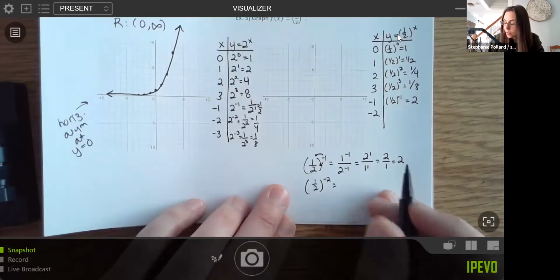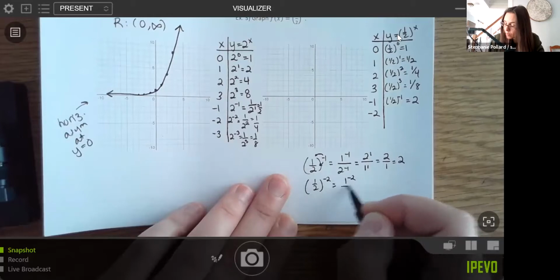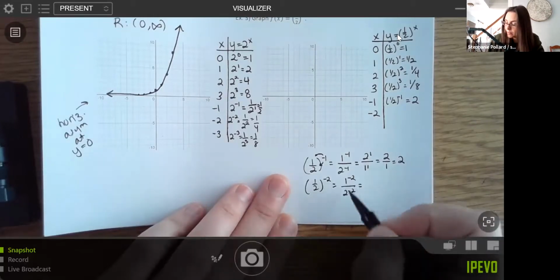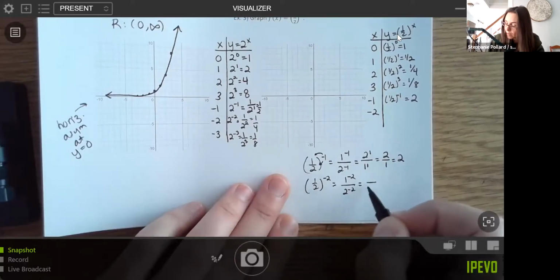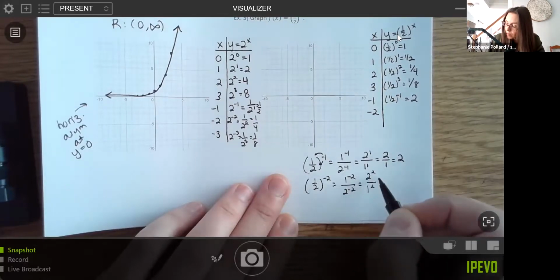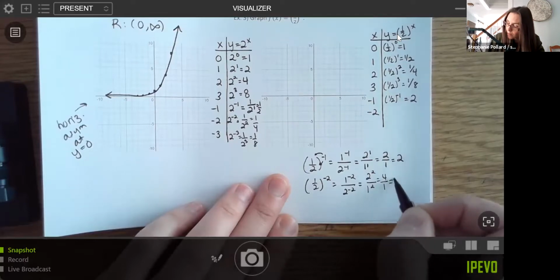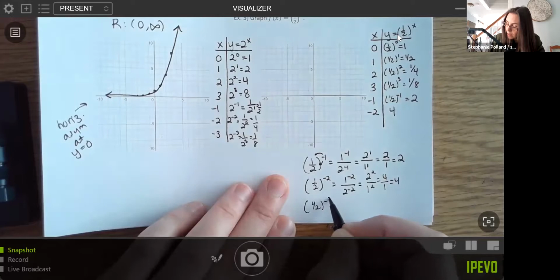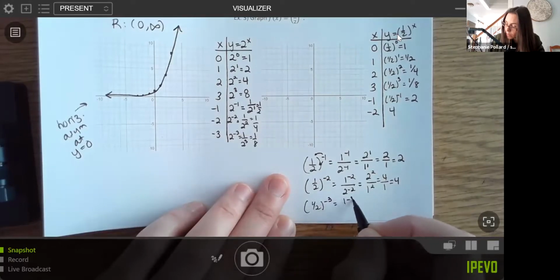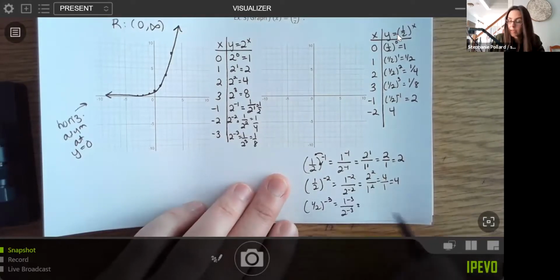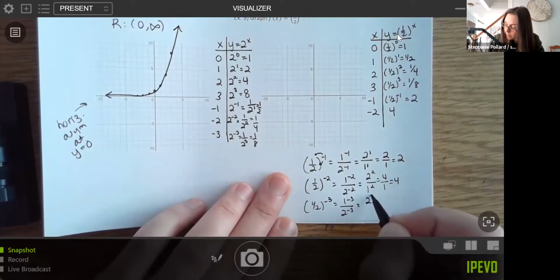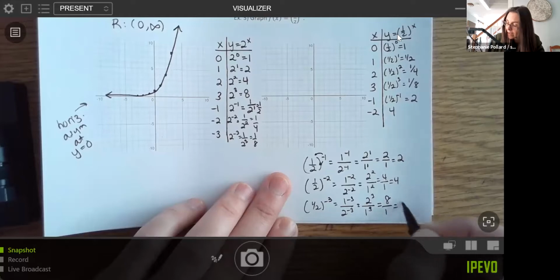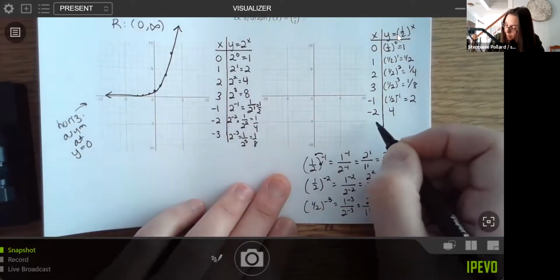When I plug in -2, I get 1 to the -2 over 2 to the -2. And again, it's going to flip this whole thing. Those negative exponents mean to flip. So that 1 comes down and that 2 comes up. So I have 4 over 1, which is 4. And then if I do -3, we're going to have 1 to the -3 over 2 to the -3, which is going to cause us to flip everything. 2 cubed is 8, 1 cubed is 1, so I have 8 here.